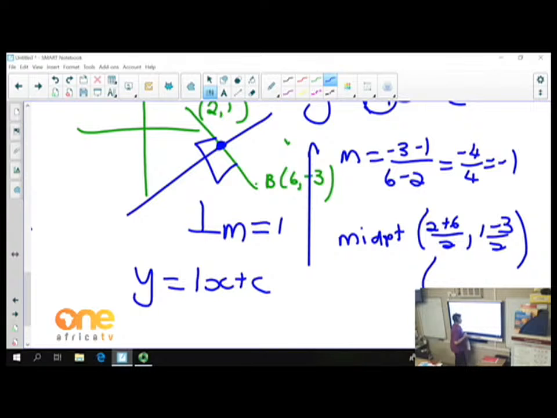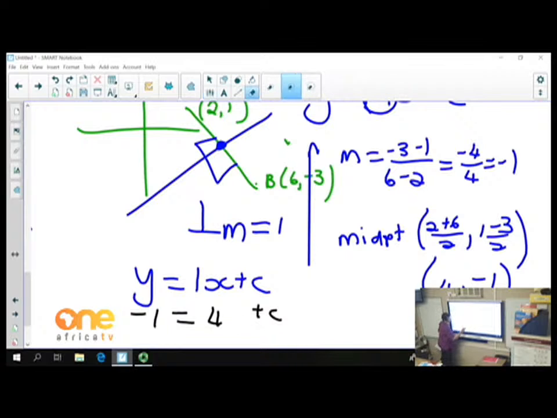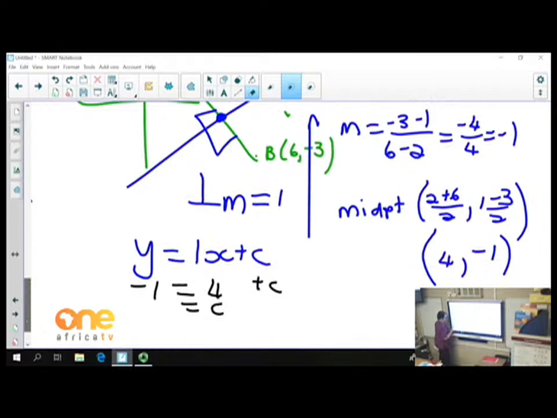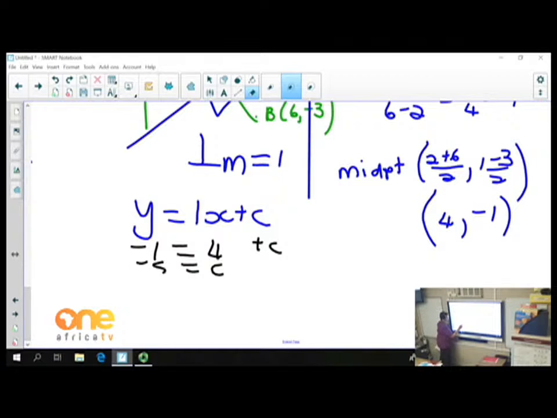So what is the midpoint? It is 4, -1. Now I can substitute that point, because that is the point through which it passes. So -1 is equal to 4x plus c. No, sorry, I need to substitute x with a 4, and that makes c equal to -5. So the equation is y is equal to x minus 5.